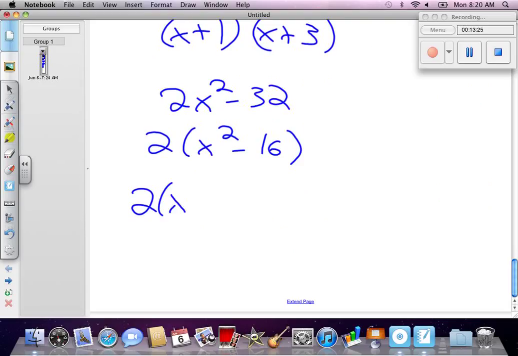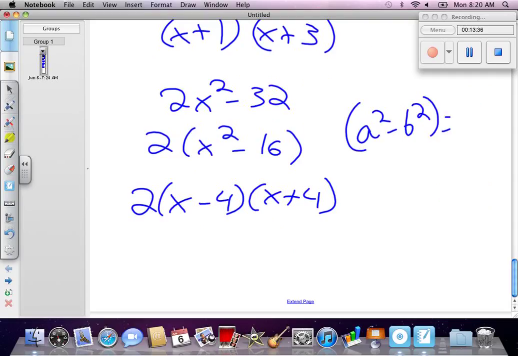So we get 2 times x minus 4 times x plus 4, right? Because if we get a squared minus b squared, that's the same thing as a minus b times a plus b, if you factor it. That should be on your sheets. So this one is C.